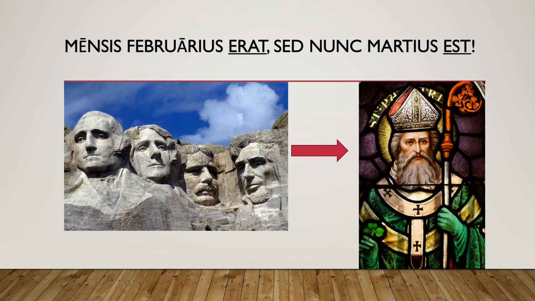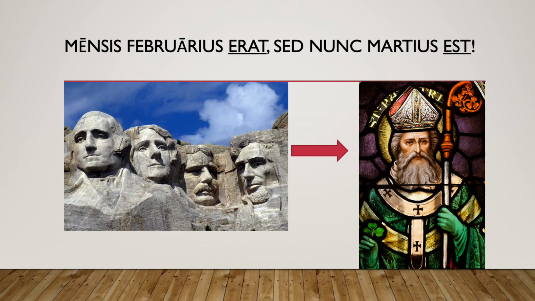In this chapter, we meet erat, it was or it used to be, and its plural doppelganger, erant. Erant is like sunt, but it's in the past tense. Erant means something like they were or they used to be.